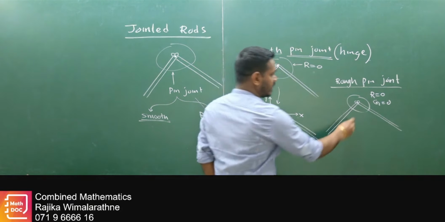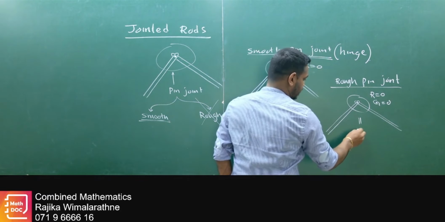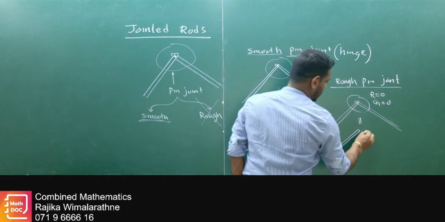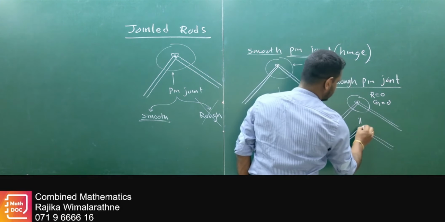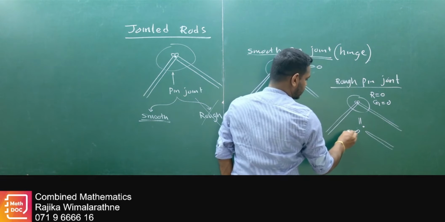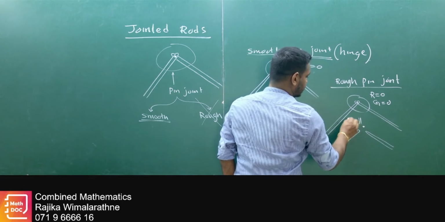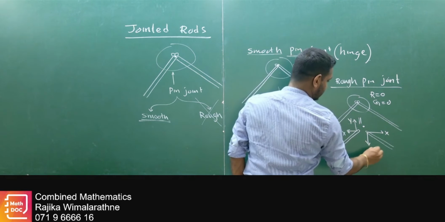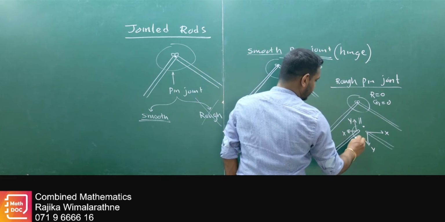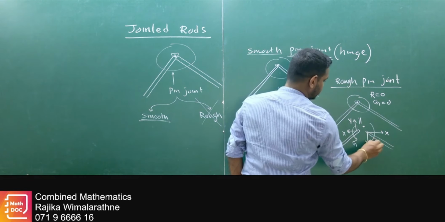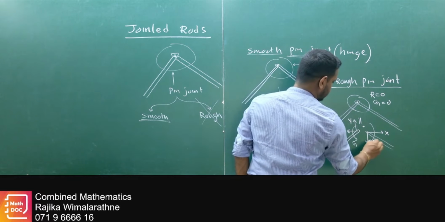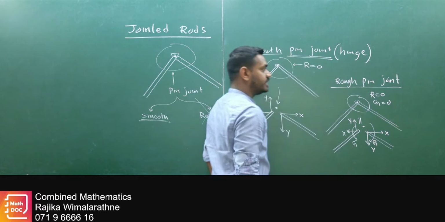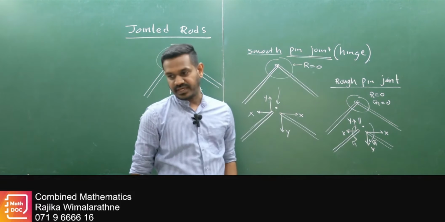In this case, you can separate a rod and the other rod and the pin. So here X component, here Y component. To cancel that, mark the opposite direction X and Y. Then here there can be a moment G. To cancel it, in the opposite direction we mark G. That is what we call a rough pin joint. That's how we separate.